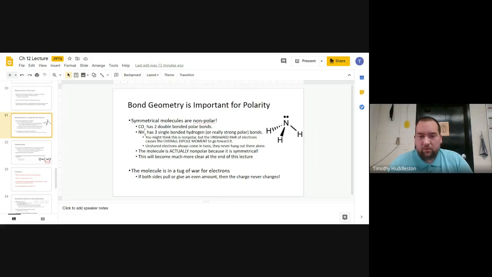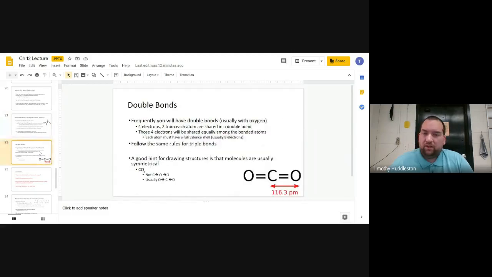We already talked about all that. Frequently, you'll have double bonds, 4 electrons, and you'll have 2 from each atom. Do know that sometimes, especially in the case of ions, you might end up not, quote unquote, having an equal sharing of electrons.